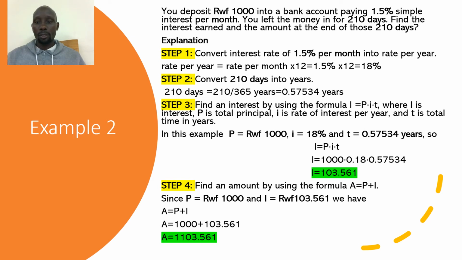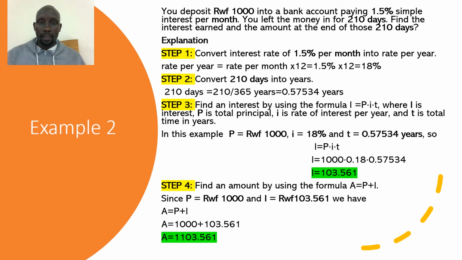Okay, let's go to example 2. We assume that you deposit Rwandan francs 1,000 into a bank account that pays 1.5% simple interest per month. Then you leave the money for 210 days. Then you find the interest earned and the amount at the end of those 210 days.